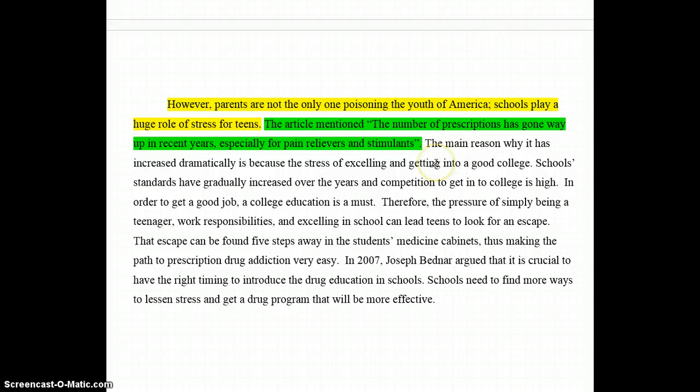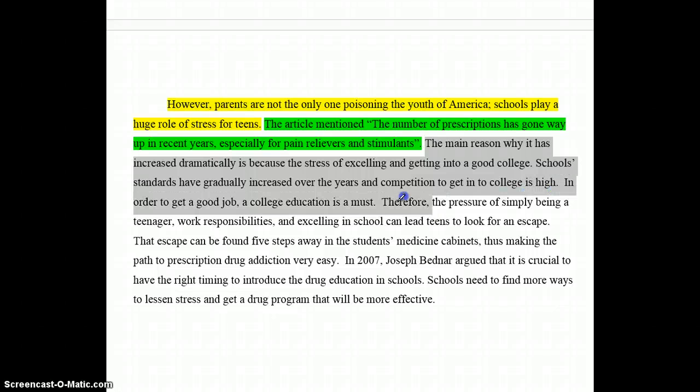Next are our explanation sentences. The main reason why it has increased dramatically is because the stress of excelling and getting into a good college. School standards have gradually increased over the years, and competition to get into college is high.